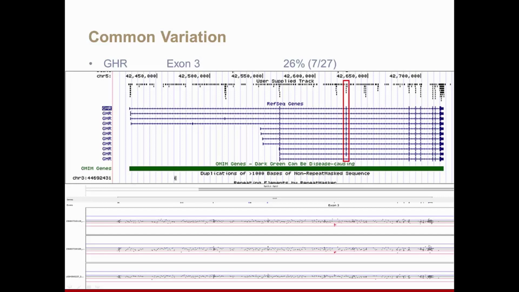But as you get to know any array, I'm not going to show you the sensitivity or the specificity or the reliability. I'm going to show you that as you get to know any array design, unique calls that you hadn't expected start to appear. I've had this experience with every design that I've utilized.